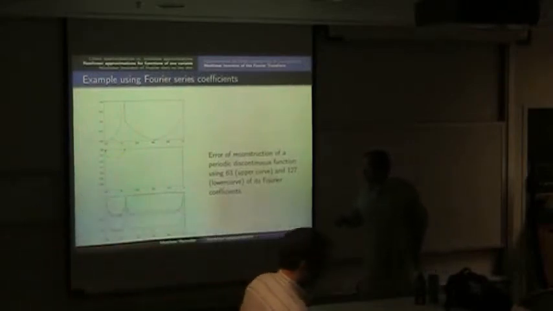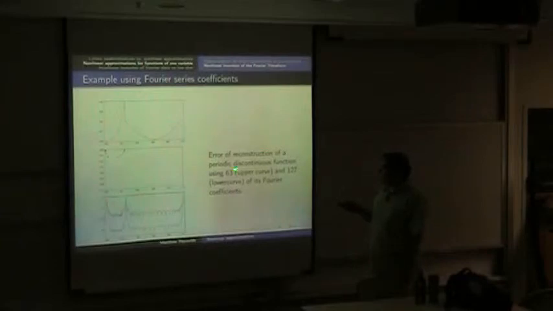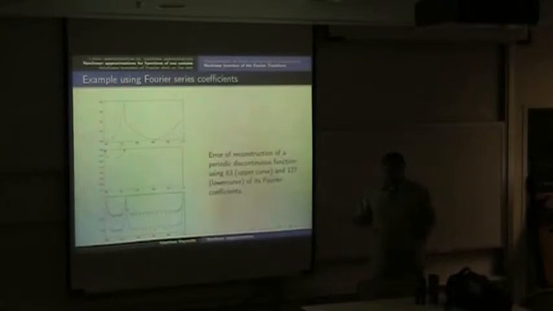If we look at the error of the rational approximation, if we use 63 Fourier coefficients and do the approximation on those 63, this is the error we get, versus if we use 127 and then do our extrapolation procedure, we get a much better error.